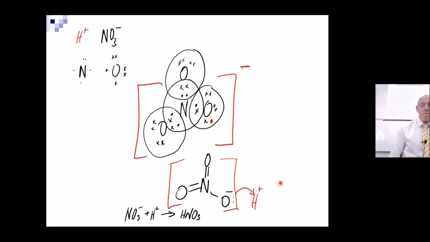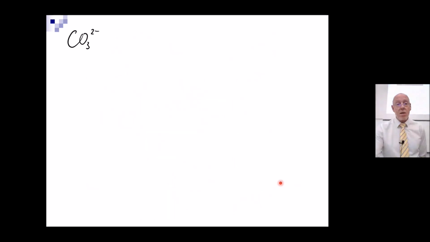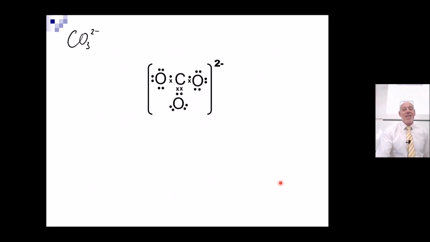Now, let's go and have a look at CO3 2 minus. Anybody want to try and chance it and do it on your own? Okay, so this one I did using the laptop. So let's have a look.